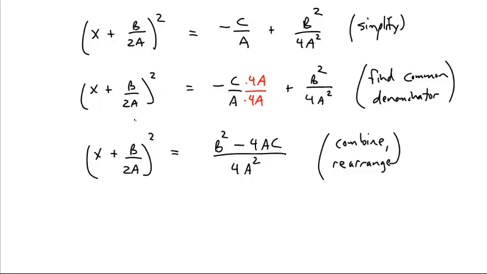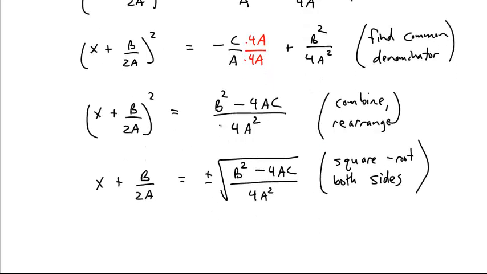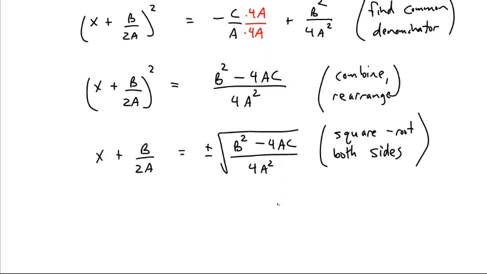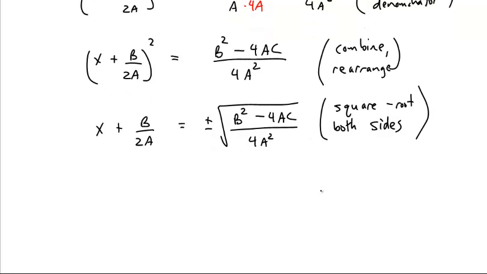Next we can take the square root of both sides. This square will go away, and we'll get plus or minus the square root of the whole right-hand side. X plus b over 2a is plus or minus the square root of this whole thing, b squared minus 4ac over 4a squared. Now, when you take the square root of a fraction, you can take the square root of top and bottom separately.